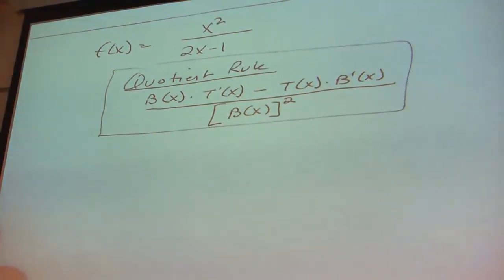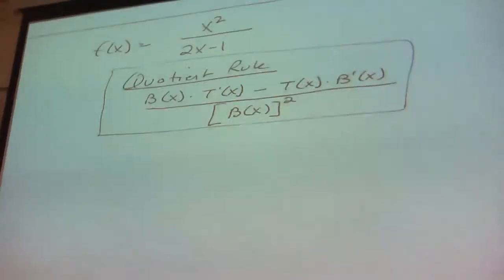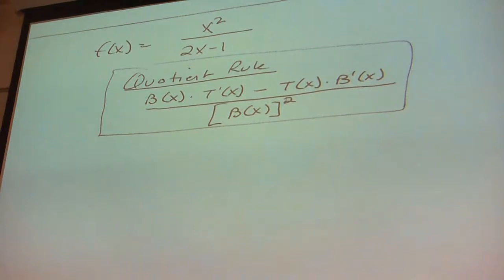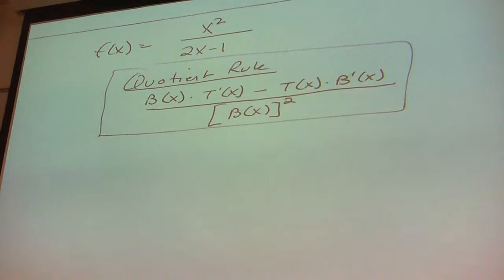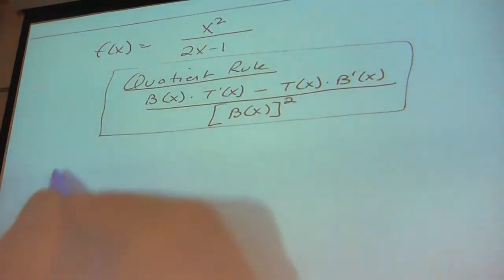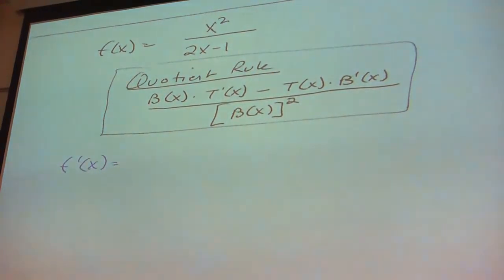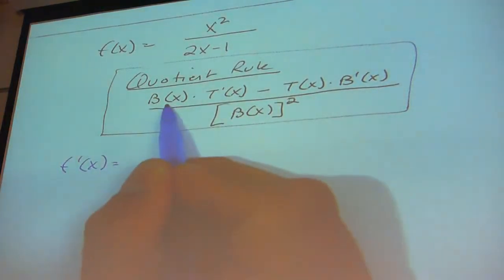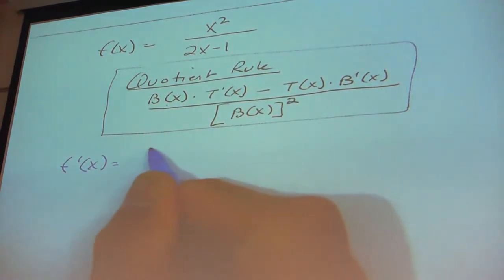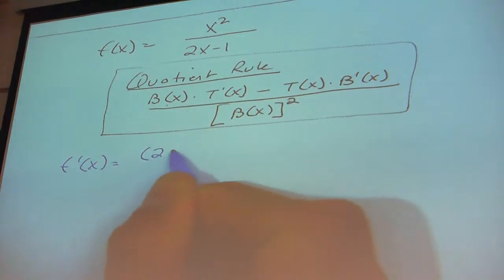So all we need to do is nice and slowly follow this formula. Okay? So let's go nice and slowly, and we're going to do piece by piece. So what is the very first thing we're going to do? The original bottom, which is what? 2x minus 1.